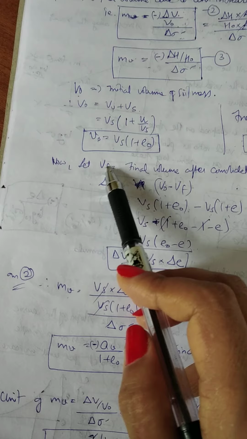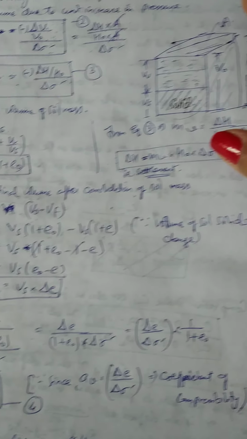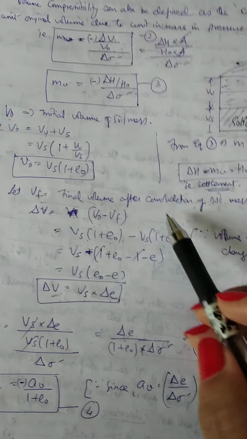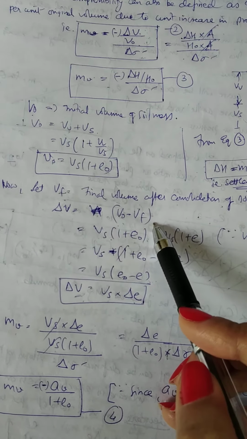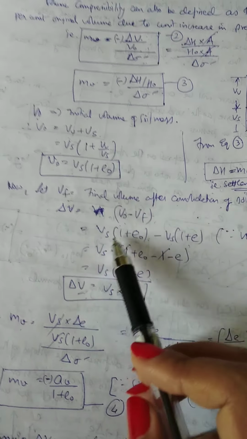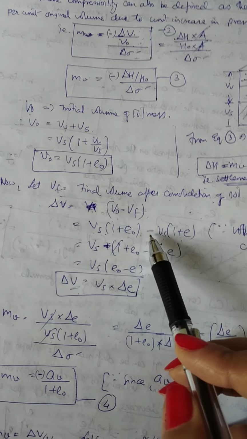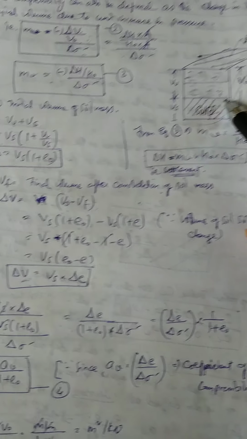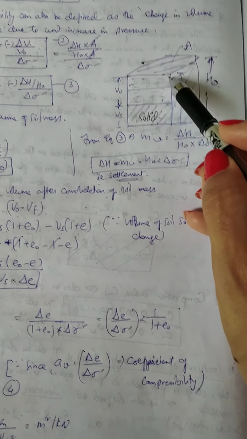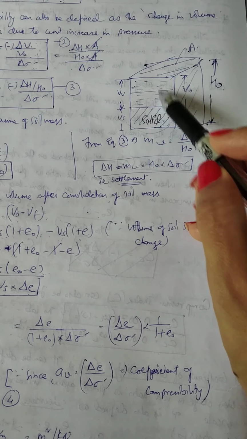Now if I consider the final volume after the consolidation of the soil has taken place, the final volume will be Vf. So change in volume will be the initial volume minus the final volume. The initial volume is VS into 1 plus e0, and the final volume will be VS into 1 plus e, because the volume of soil solids will not change. If the change in volume happens, it will be only because of the change in the volume of voids.